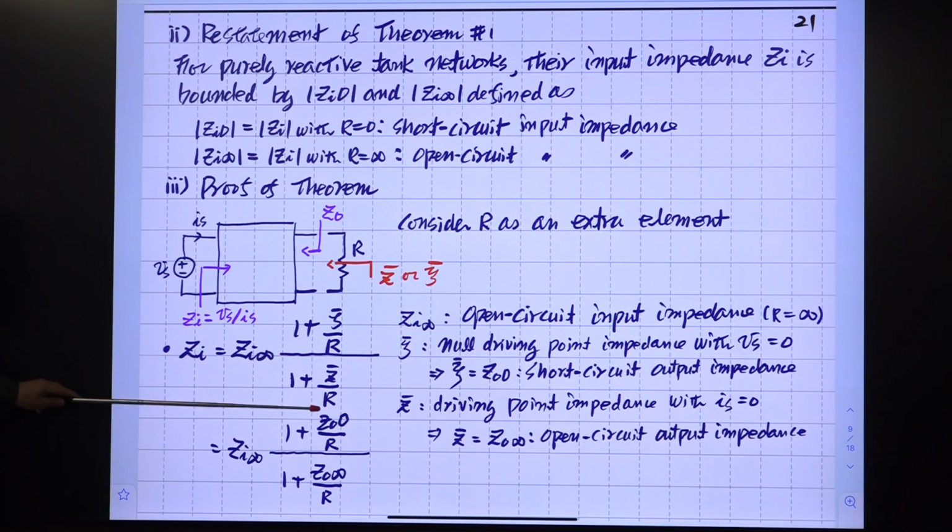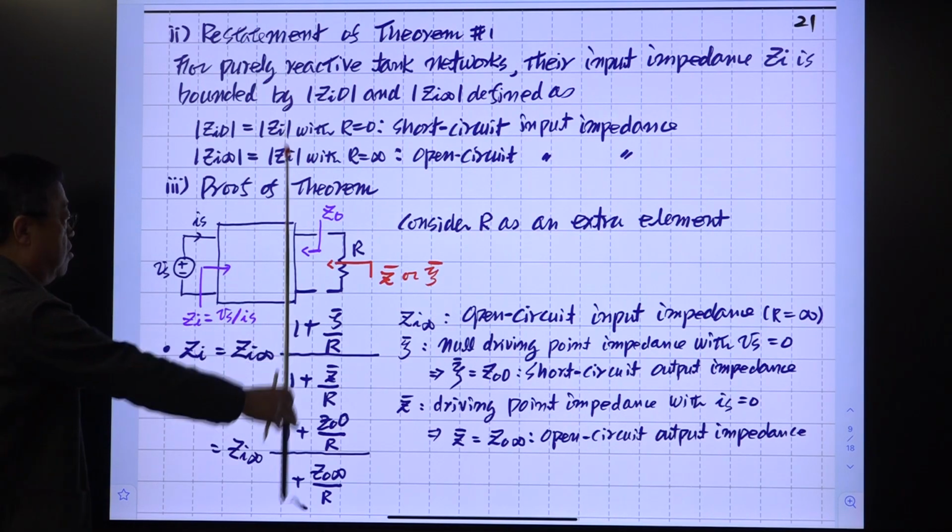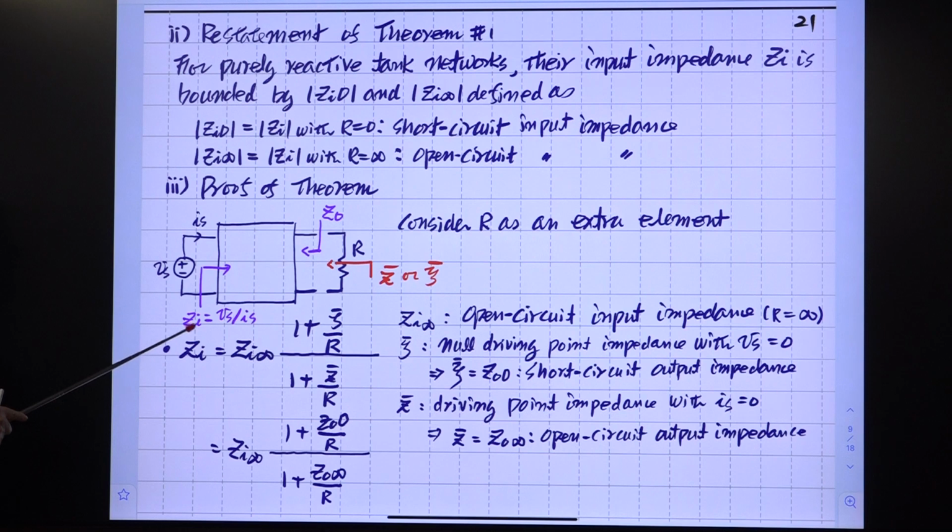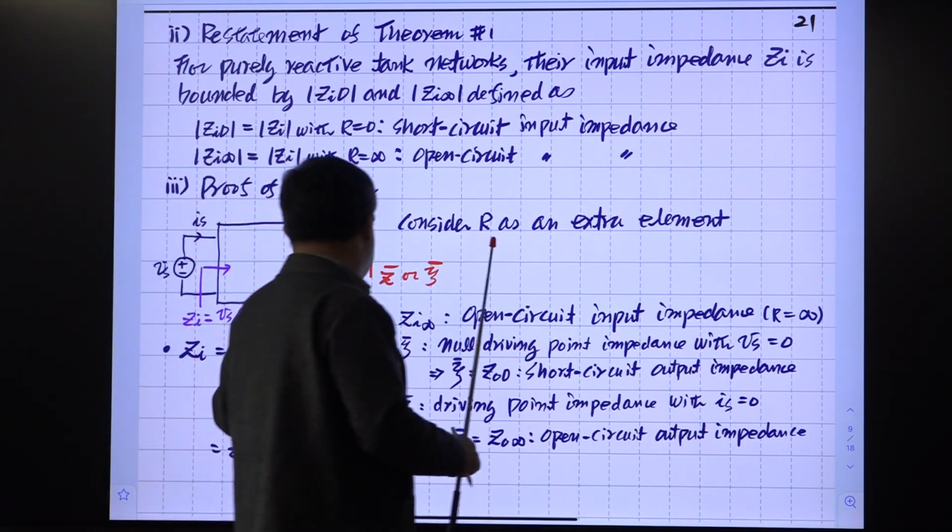This is the expression of the extra element theorem. What it says is the impedance with R: you assume R is open, then the input impedance evaluated with the open circuit condition is GI infinity. This is the leading term.